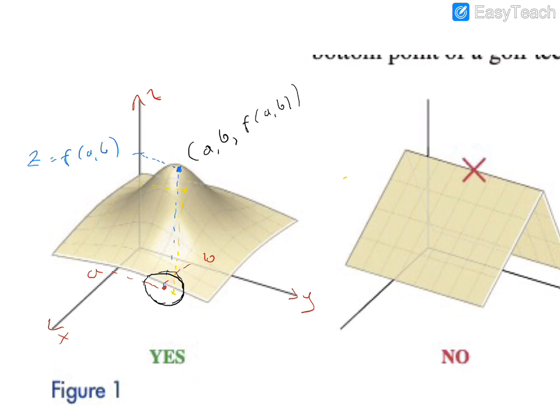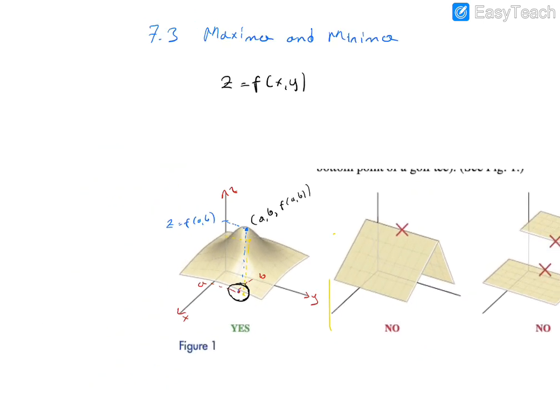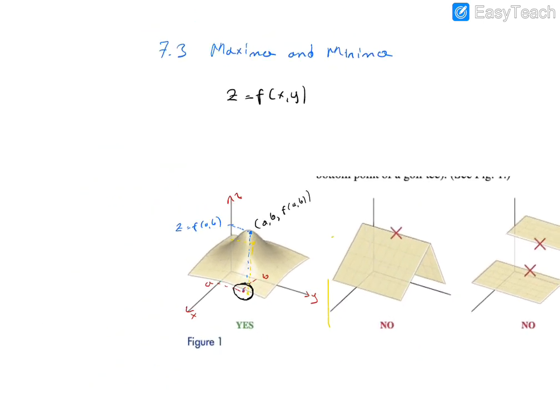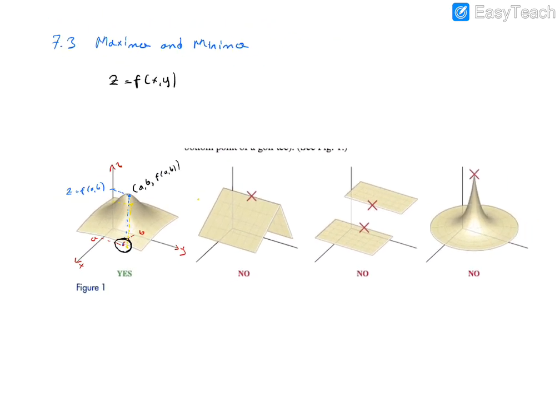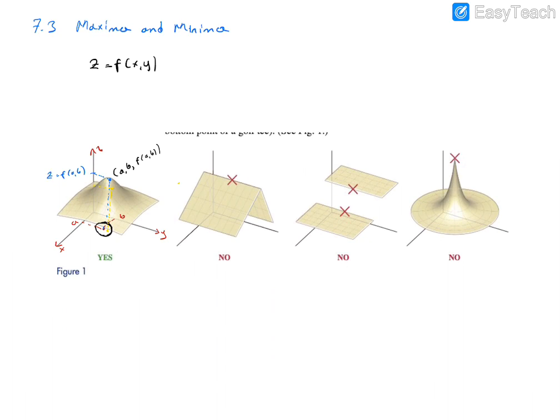This is less than f of a, b. So f of a, b is bigger than or equal to f of x, y for all points in this circular region.